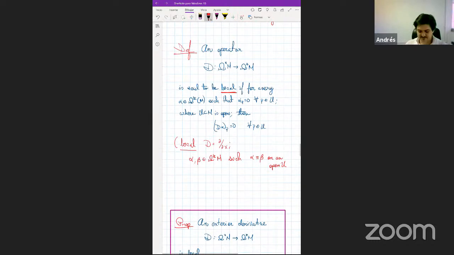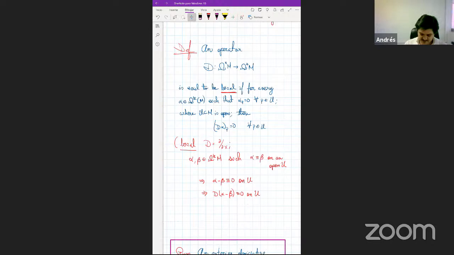Then, assuming that our operator is local, what happens? But D is linear.